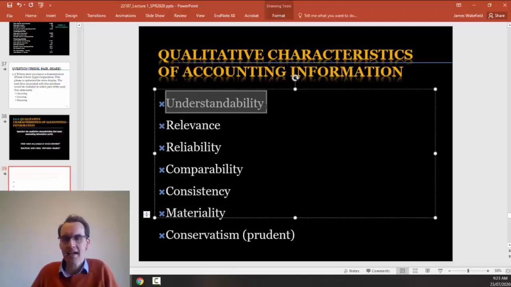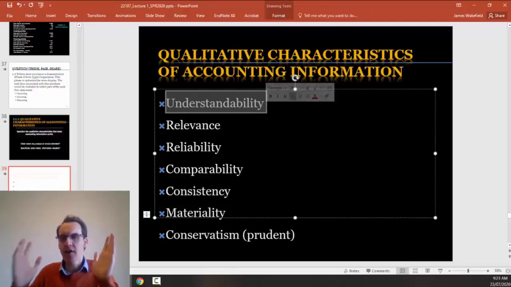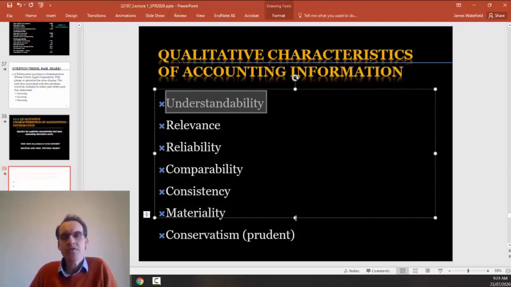Understandability means exactly as the name suggests. The financial information that we include in financial reports, like the income statement and the balance sheet, is understandable. People that use it can understand it. If you have some basic accounting knowledge, you should be able to understand it. So once you've done a few weeks of this subject and you pick up a financial statement and you cannot understand what information is there, it means two things.